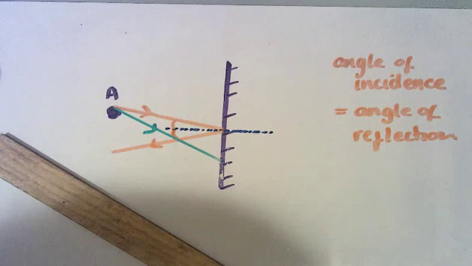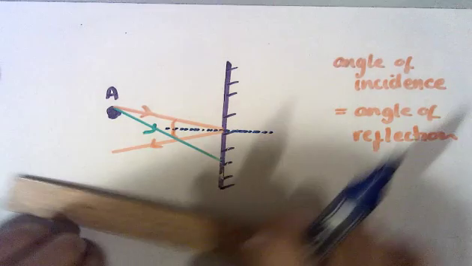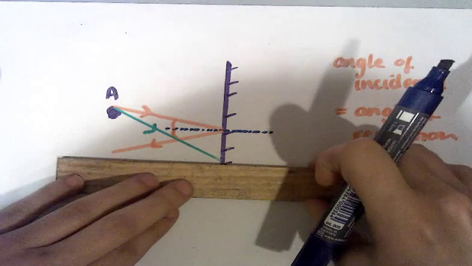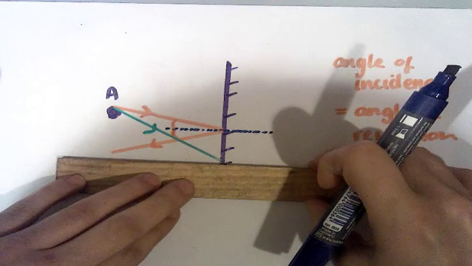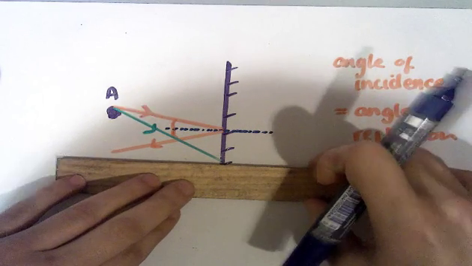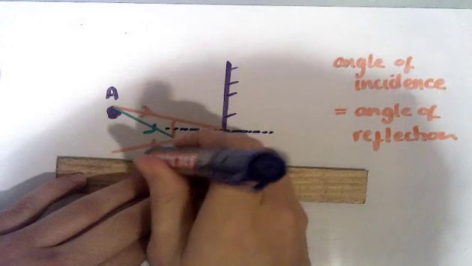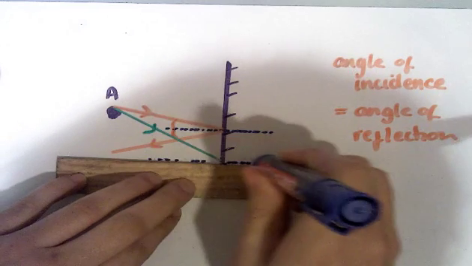Now again with this one, the next thing we're going to do is draw in the normal line. Okay, so again at 90 degrees to the mirror, and again just represented as a dotted line.